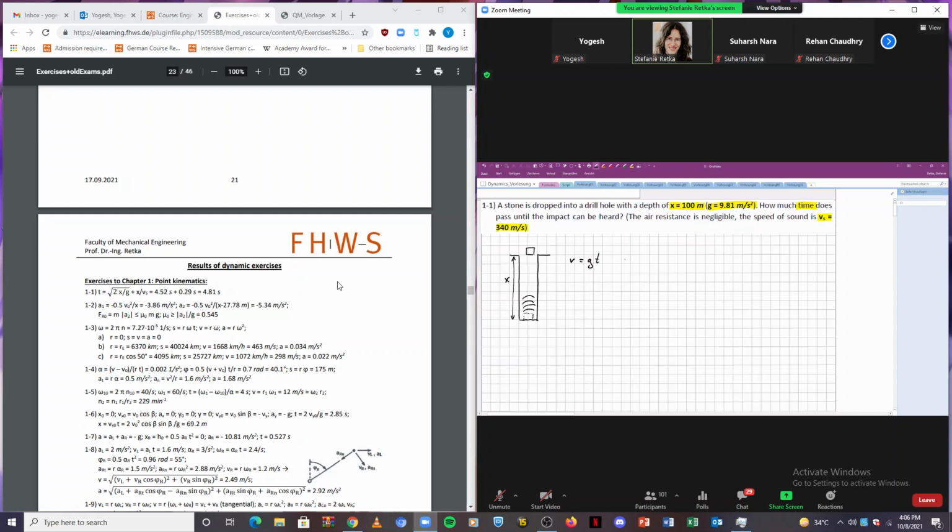And our distance, in general, can be computed by x0 plus the integral of velocity over time.